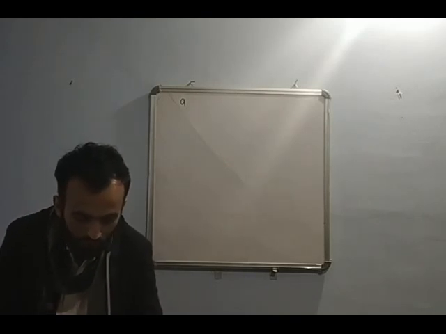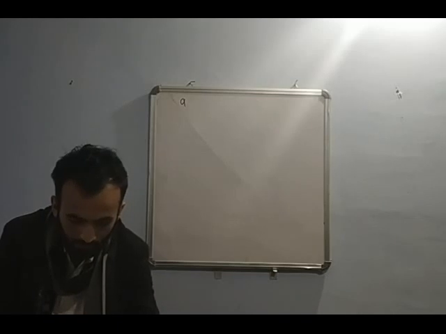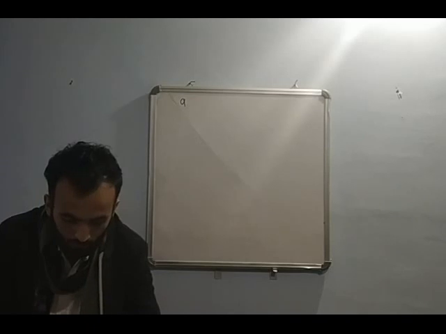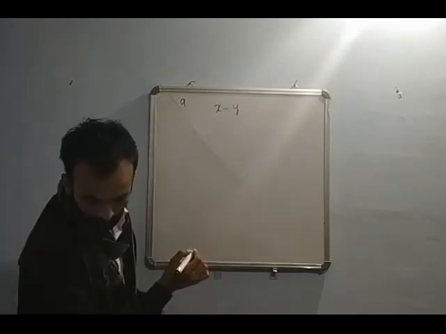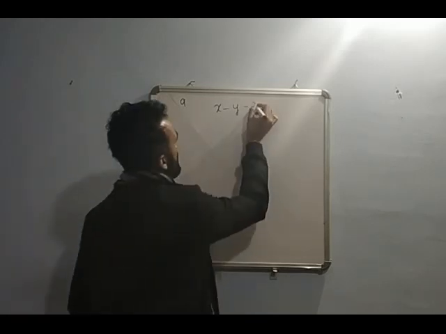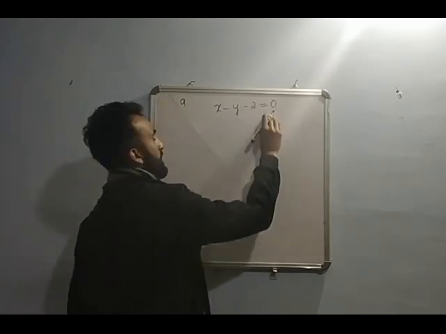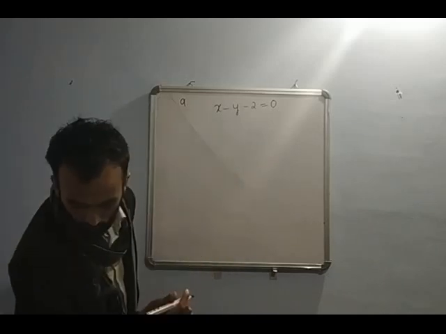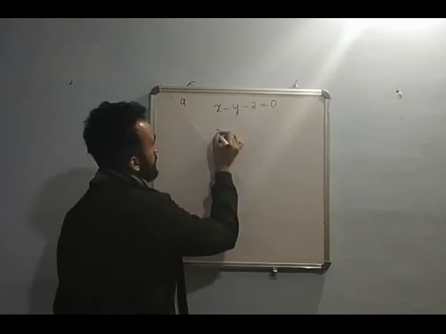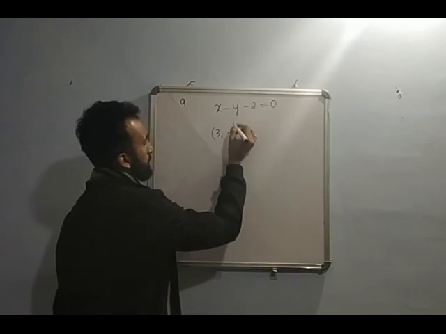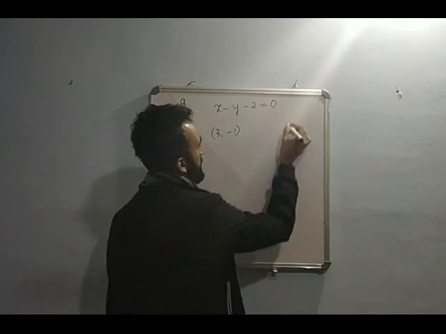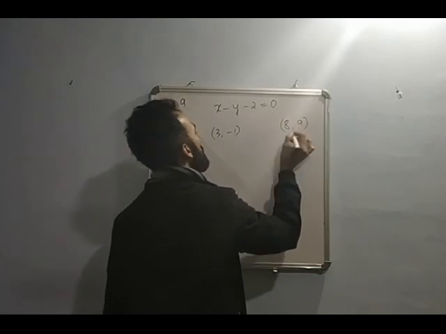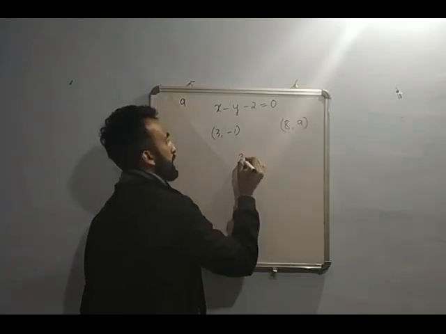Determine the ratio in which the straight line divides the segment joining those two points. The straight line is x minus y minus 2 equal to 0. This is a straight line which divides (3, minus 1) and (8, 9). Using these two points when I plot, I get a straight line.